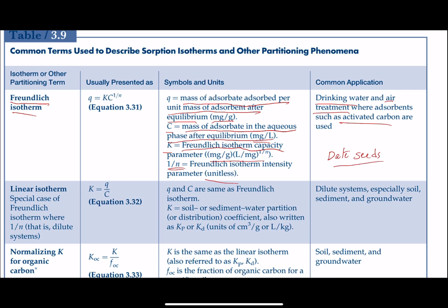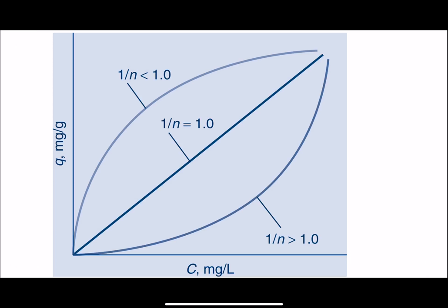Okay, so we will show this if you are plotting the concentration C in milligram per liter versus small q in milligram per gram. If the curve is concave down like this, 1 over n would be less than 1.